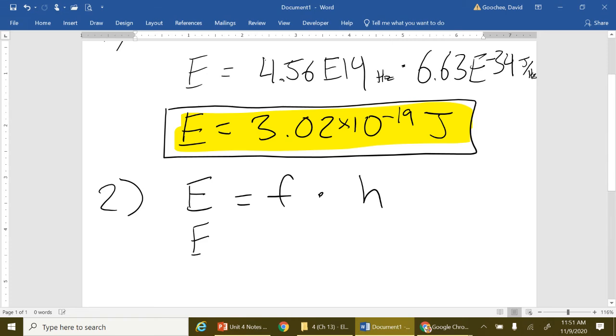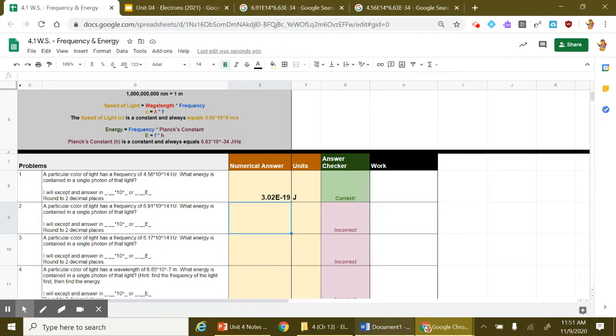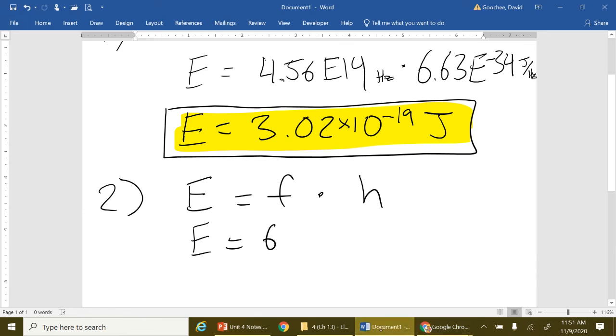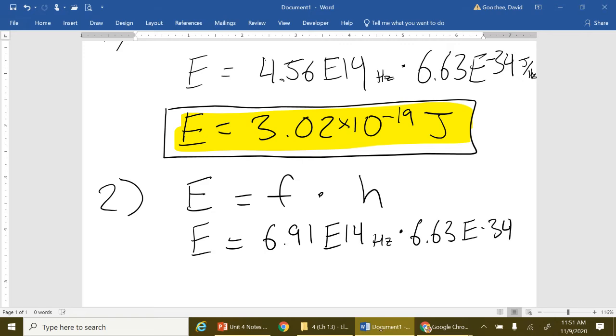In this case, the frequency was 6.91 times 10 to the 14th hertz. That's how many waves are hitting per second, about 691 trillion waves per second, times Planck's constant, which is 6.63 times 10 to the negative 34th joules per hertz.